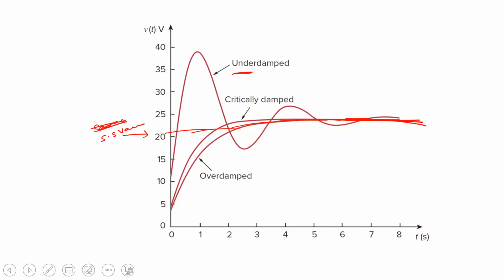This is how we can differentiate the over damped, under damped and critically damped cases. These are not drawn to scale; it is just an illustration. If you notice, the critically damped case is just a boundary line between over damped and under damped.